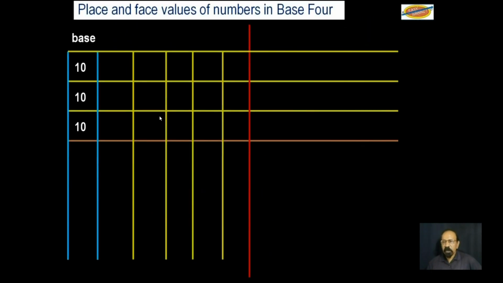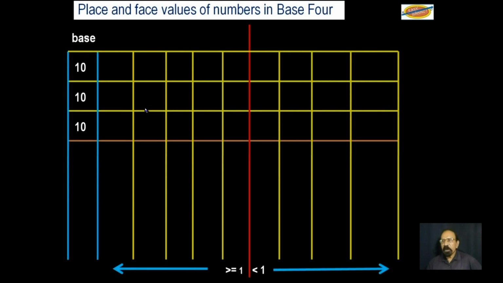Just to review base 10 to show how it compares or contrasts with base 4, you may recall that this 10 to the 0 is actually the first position here, the ones. And as you go to the left, this index increases by 1. So that's 10 to the 1, 10 to the 2, 10 to the 3, and so forth. When you come over on the right, it will be 1 over 10 to the 1, which makes it 10 to the negative 1.